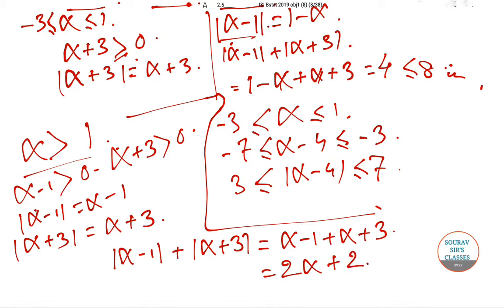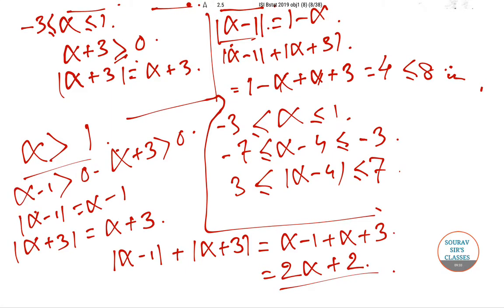Now 2 alpha plus 2 less than or equal to 8. So alpha plus 1 less than or equal to 4.